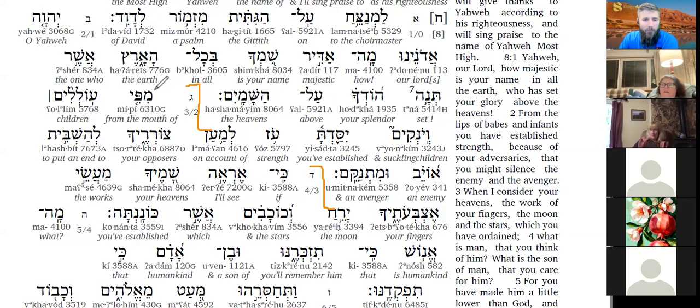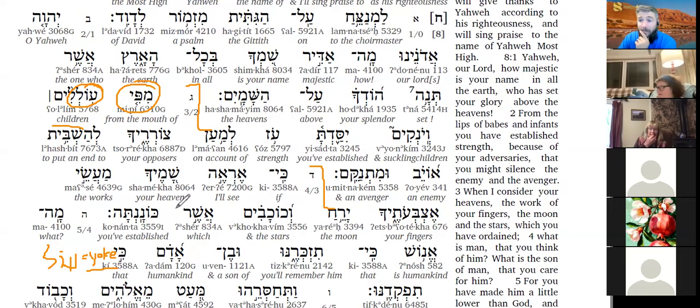Okay, mipi, from the mouth of olelim. This oil seems to have multiple definitions. Did you know that an oil is also a yoke? What does a yoke have to do with children? Absolutely nothing. We have two different letters, ayin.